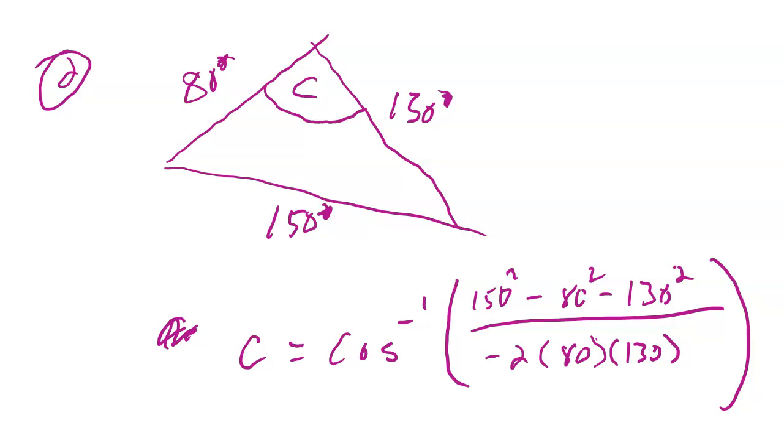Let's see. 150 squared, and then 80 squared, and then 130 squared, and then 80 times 130.